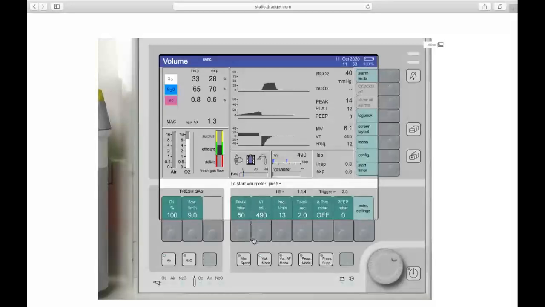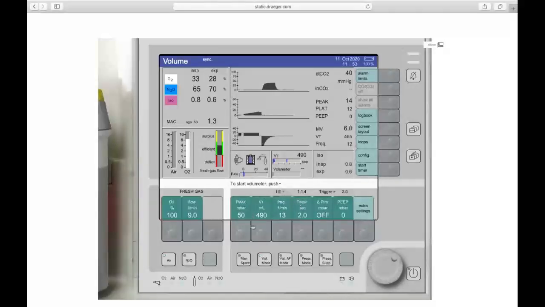Therefore, the machine has set the standard rate between 12 to 16 breaths per minute. I hope it is easy for you to calculate the minute volume in this case, as it is 490 times 13. During the subsequent stage of anesthesia, we will monitor carbon dioxide and ventilation and adjust our minute ventilation accordingly.